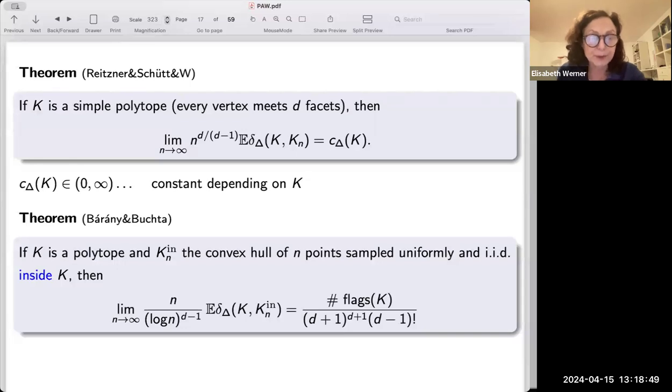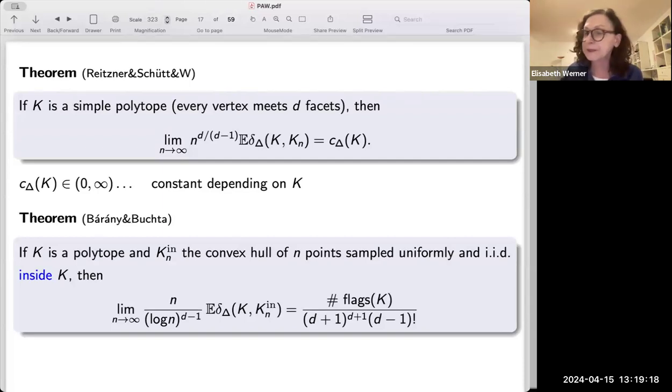And then Barany and Buchta showed that the expected symmetric difference metric of K and such an inside random polytope, times now n over log n to the d minus 1, the limit exists as the number of chosen points goes to infinity and is equal to the number of flags of K over d plus 1 to the d plus 1, times d minus 1 factorial.